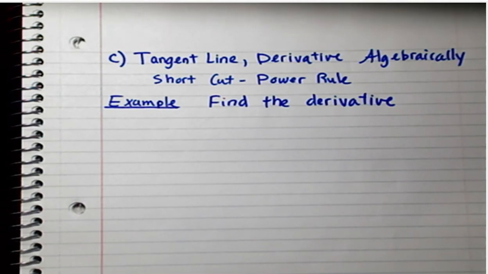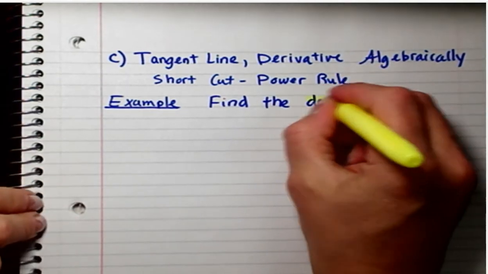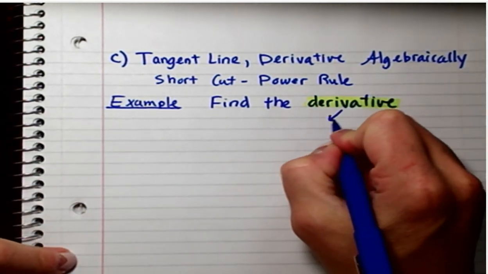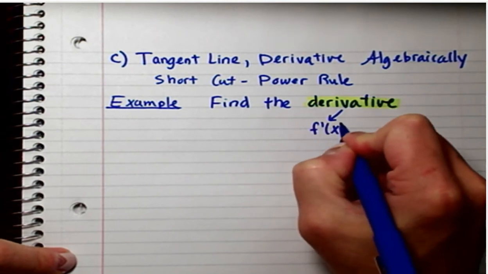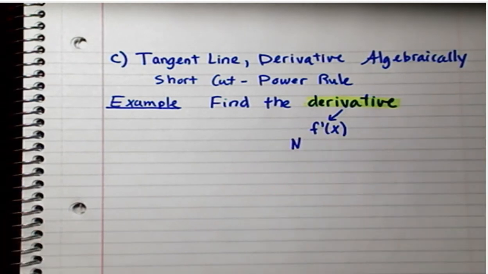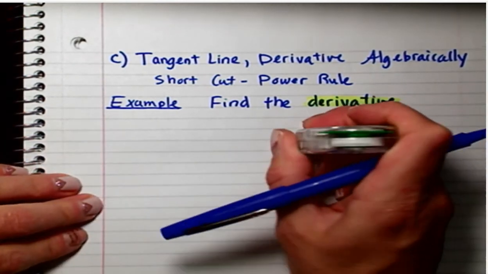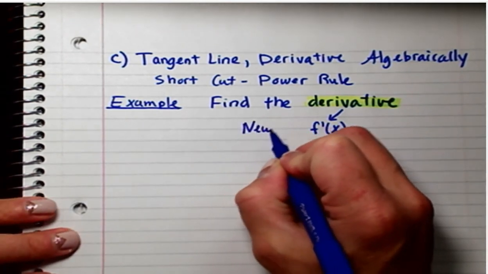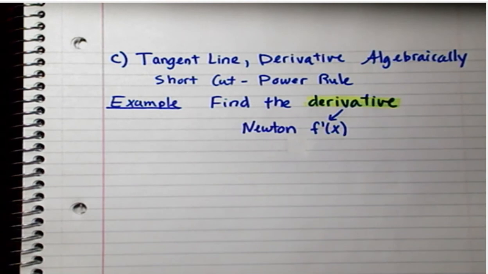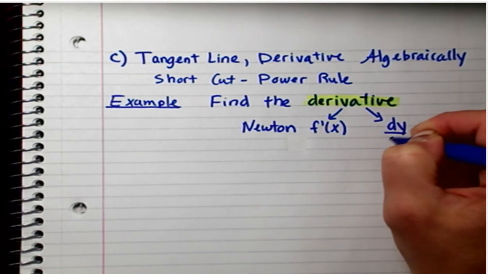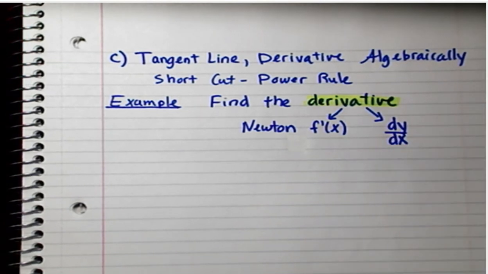Okay, so the derivative, that's the key word. The derivative can be interchanged with f prime of x. Now, this one, f prime of x, comes from Newton. Yes, Isaac Newton. It's just notation. There's a separate notation that looks like this: dy dx.